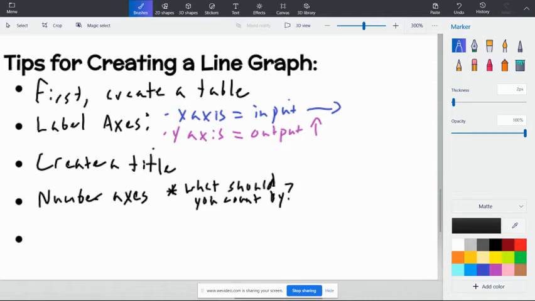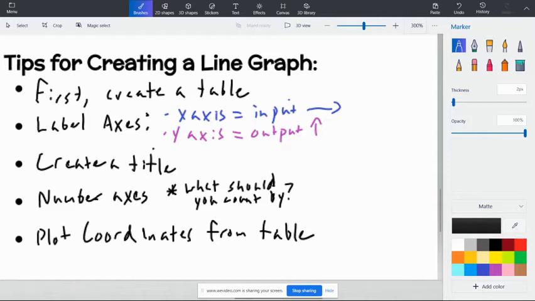Okay, you need to have your axis labeled appropriately, and the numbers not crazy. Make them make sense. The last thing you're going to do is plot coordinates from your table. Go ahead and flip to the other pages, and we can do an example of this whole process.